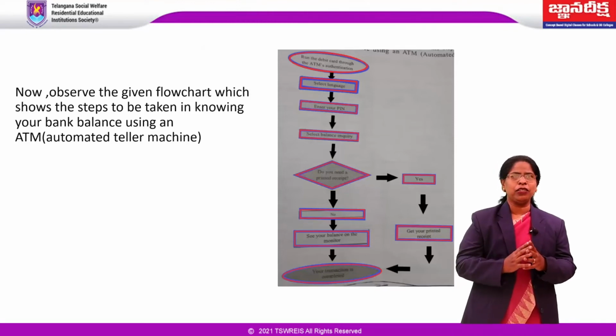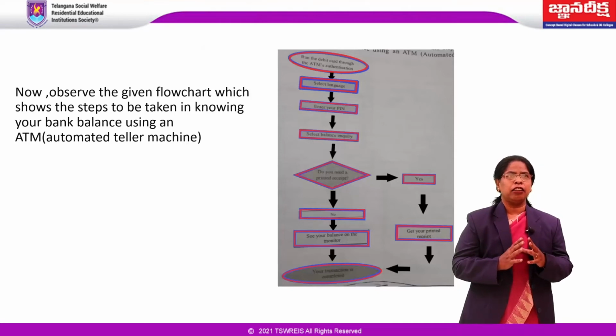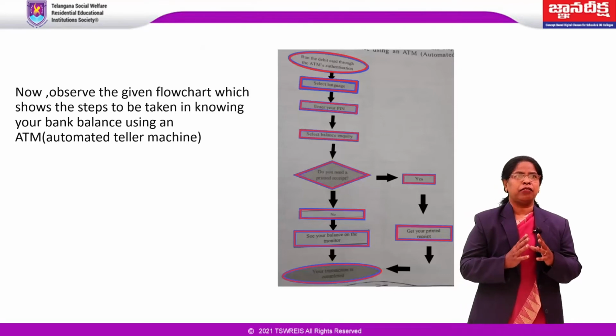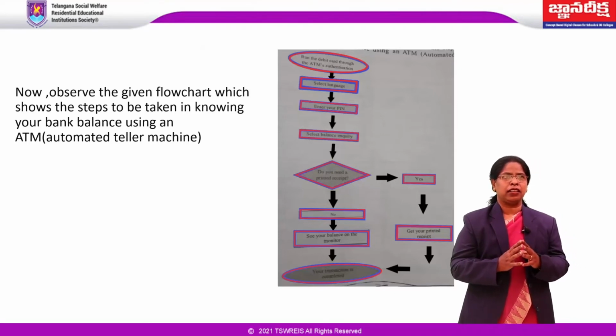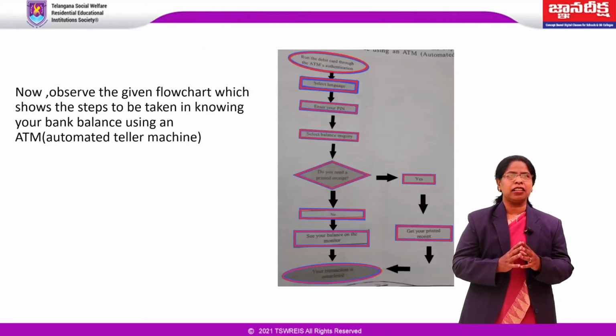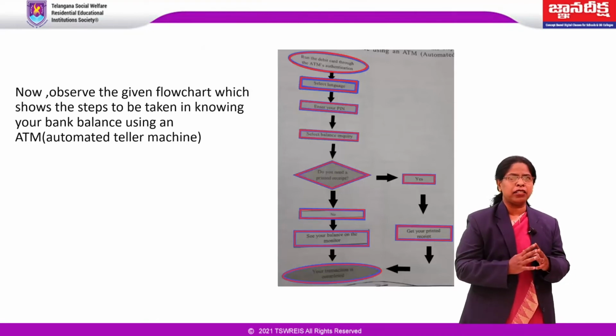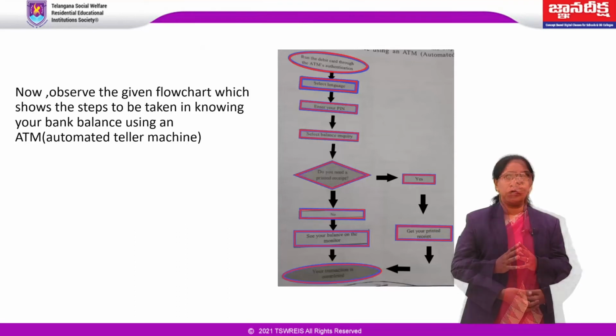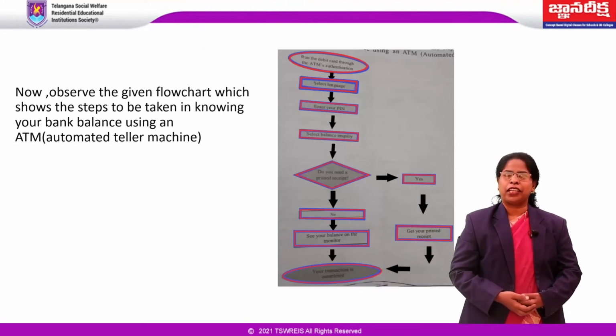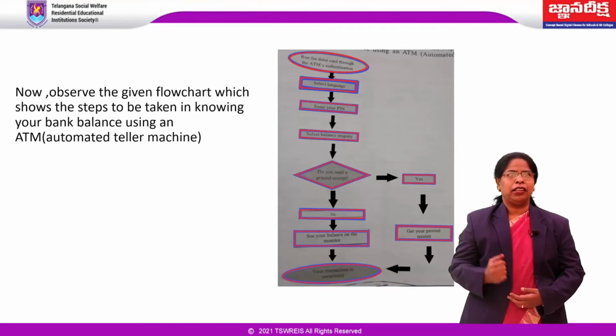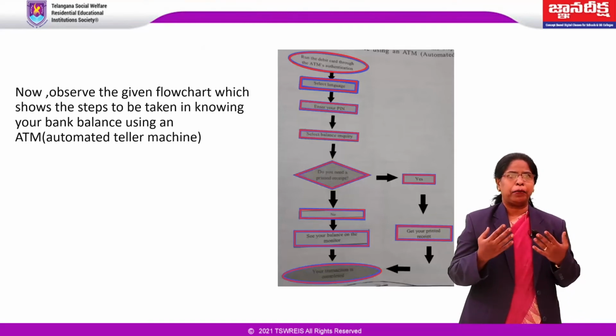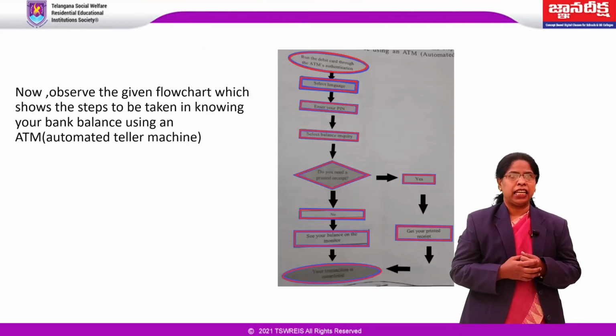You can see the arrows guide the reader to understand flowcharts logically and follow the process from beginning to end. In these flowcharts, we find elongated circles, rectangles, and diamond-shaped diagrams. Observe the given flowchart, which shows the steps involved in knowing your bank balance using an ATM.